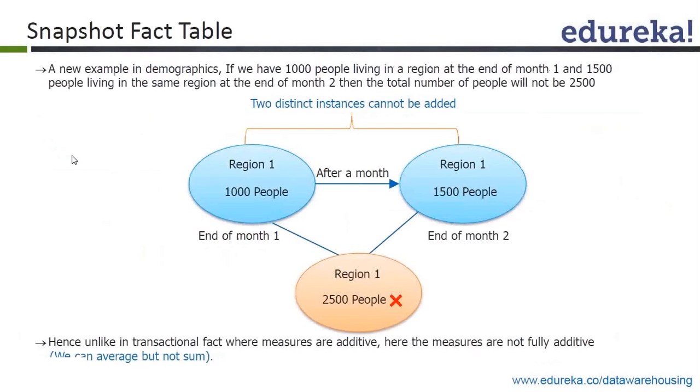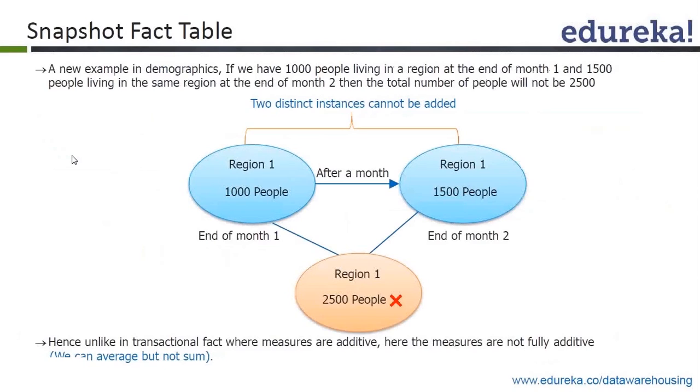A new example in this slide is region 1 has 1,000 people at the end of month 1. The same region at the end of month 2 has 1,500 people. But you cannot really add them. Like we discussed before, snapshot fact tables store facts from a certain span of time and it is summarized, but they are not fully additive.